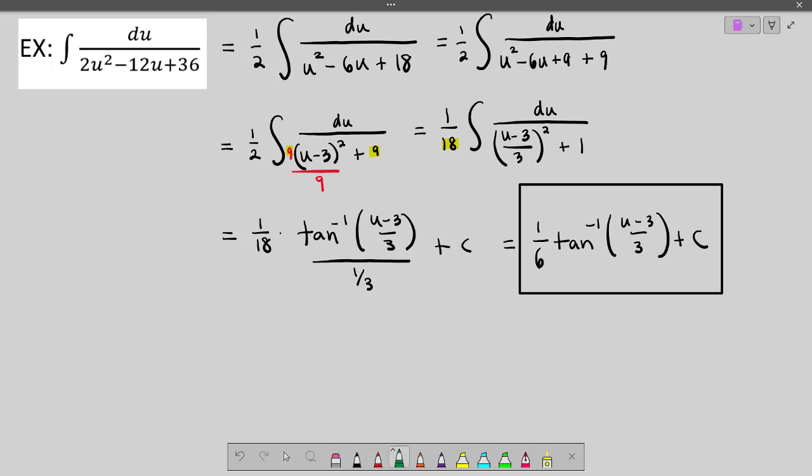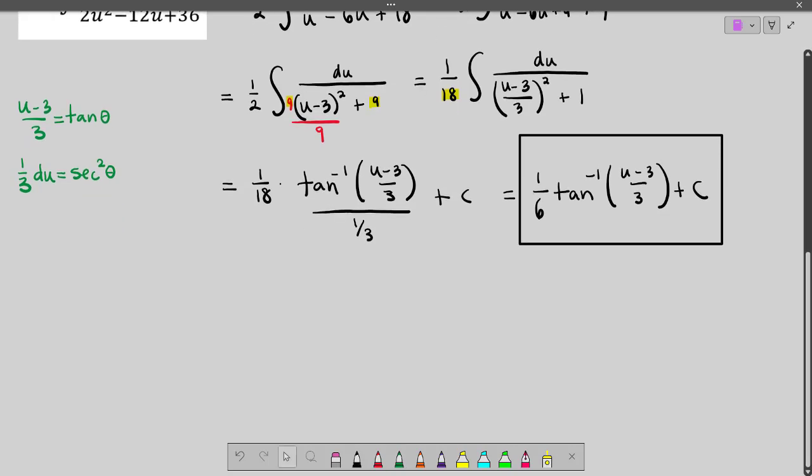Again, if we didn't see that, we would choose tangent. Because that's a plus there, we're going to let tangent be the inside, and the derivative of the left side is 1/3 du. The derivative of the right side is secant squared.